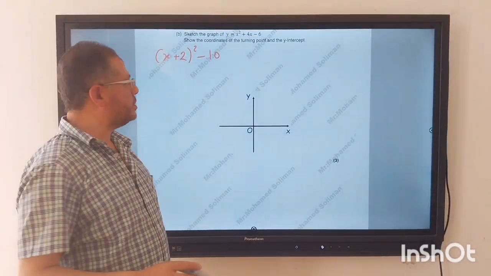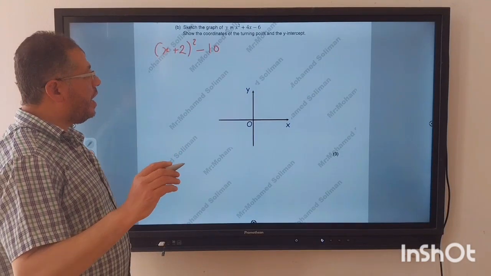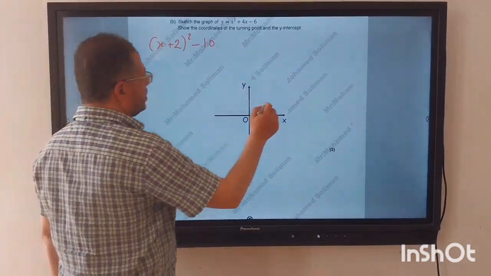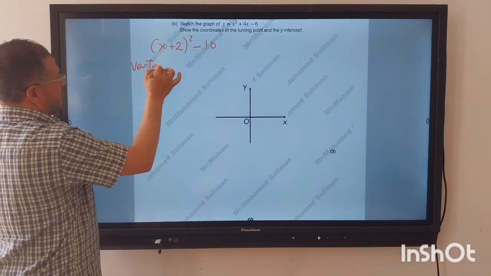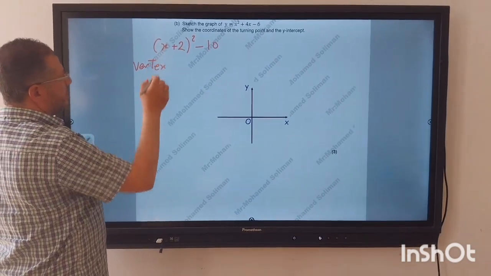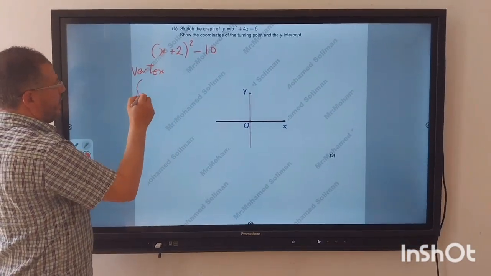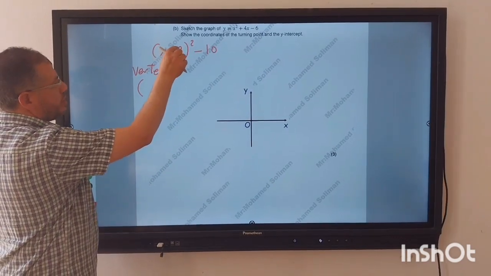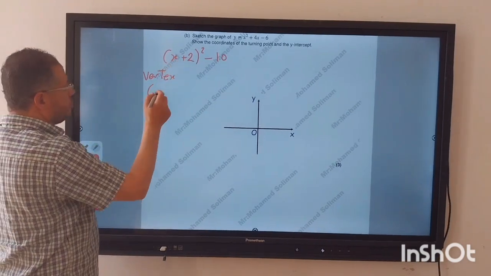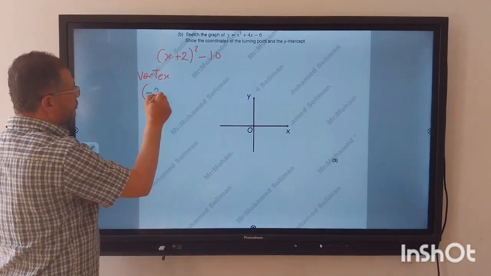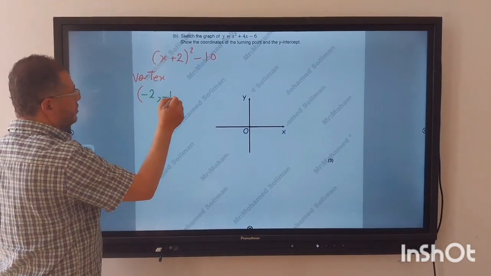I want to make sure about the vertex. How can I set the vertex? As I told you before, for the vertex, we will go to the bracket and take the constant, but switch the sign. So here it's 2, so the vertex will be (-2, -10).